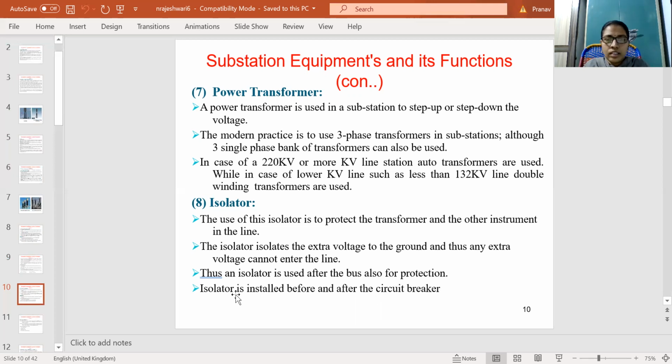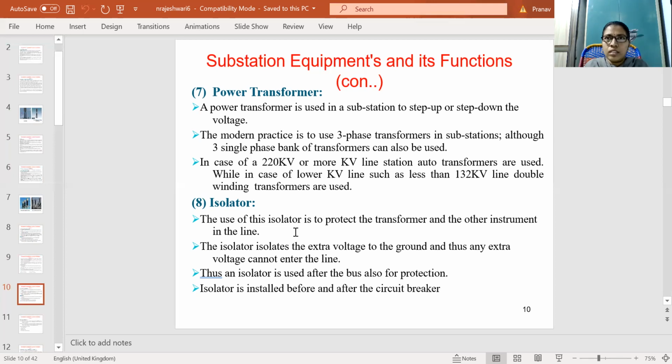The isolator is installed before or after, or before and after the circuit breaker. Whenever a circuit breaker is placed in the line, the isolator must be installed before and after the circuit breaker for protection of lines.